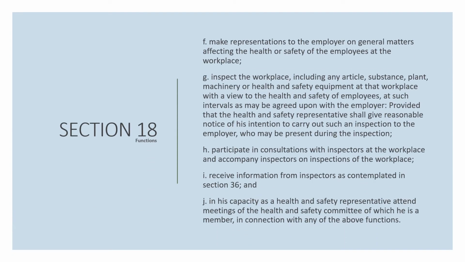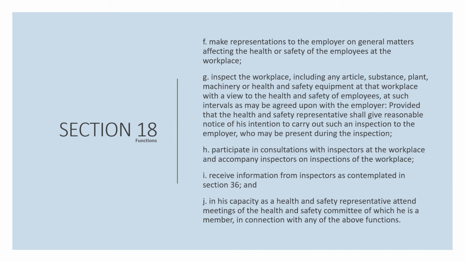Make representations to the employer on general matters affecting the health or safety of the employees at that workplace. Inspect the workplace, including any article, substance, plant, machinery or health and safety equipment at that workplace with a view to the health and safety of employees at such intervals as may be agreed upon with the employer, provided that the health and safety representative shall give reasonable notice of his intention to carry out such an inspection to the employer, who may be present during the inspections.